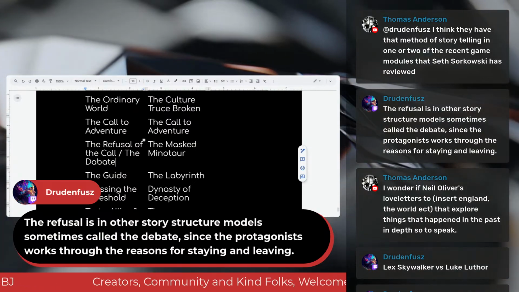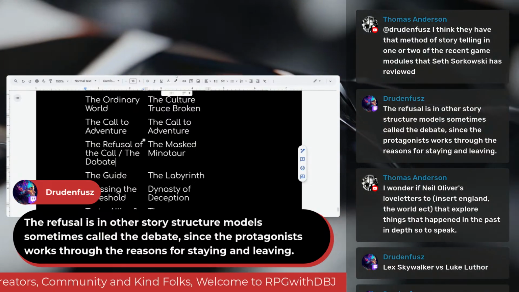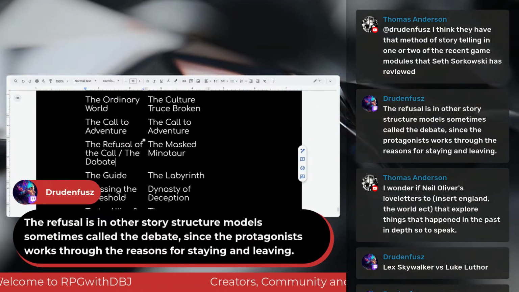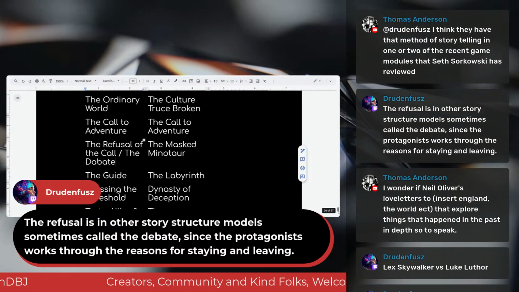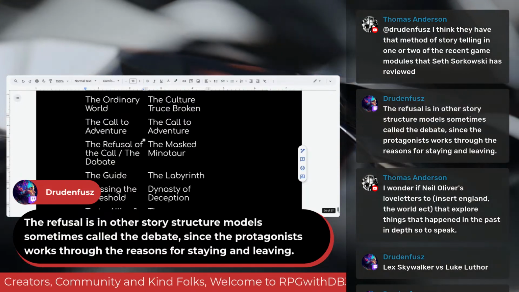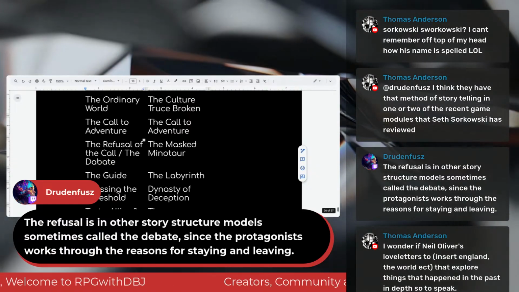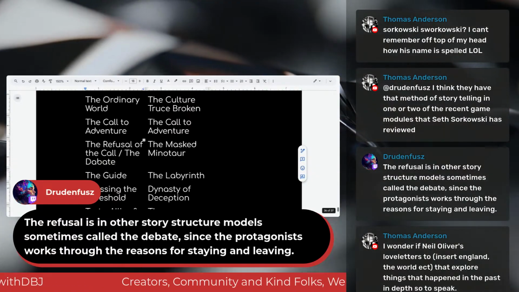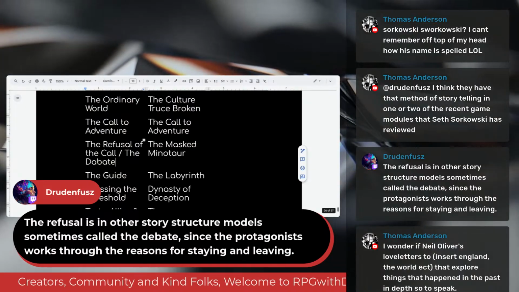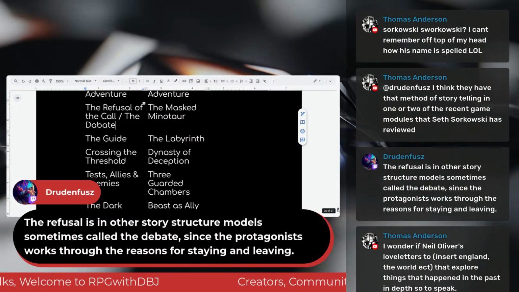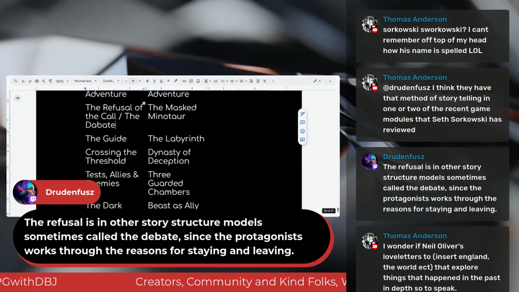And sometimes the debate as well can also be, for lack of a better term, where we explain the plot of the movie. It's the explain-o-vision part, where everyone's like, so what are we doing? Why are we doing it?